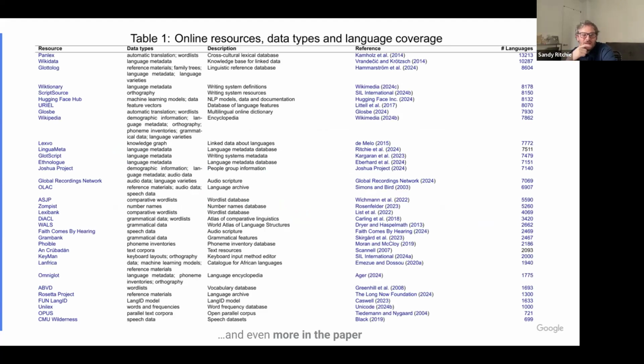So take Glottolog, right at the top there. Glottolog basically encodes reference materials, like all of the references that are available in linguistics journals and linguistics books, and family trees, metadata, the kind of thing I was talking about before, and also information about language varieties for like 8,000 languages.